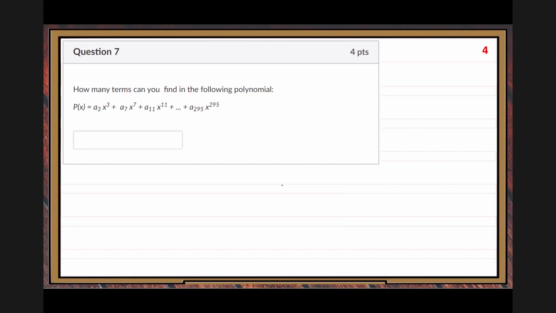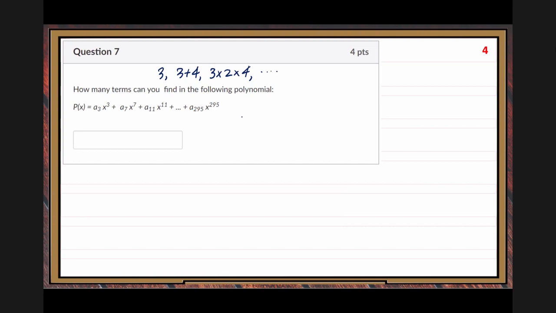The subscripts and exponent numbers are the same. 3, 7: 3 plus 4, the difference is 4. 11: 3 plus 8, so that is 3 plus 2 times 4. And so on, until we get 295.